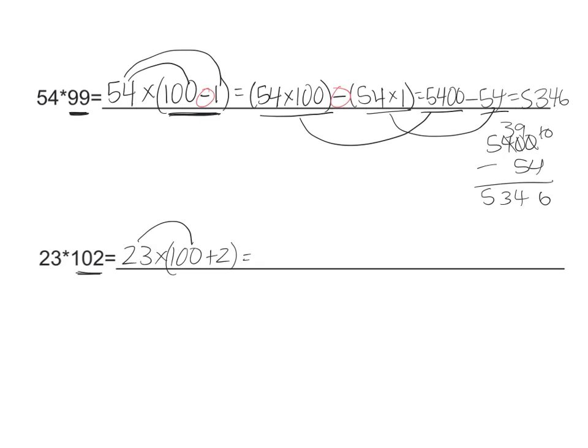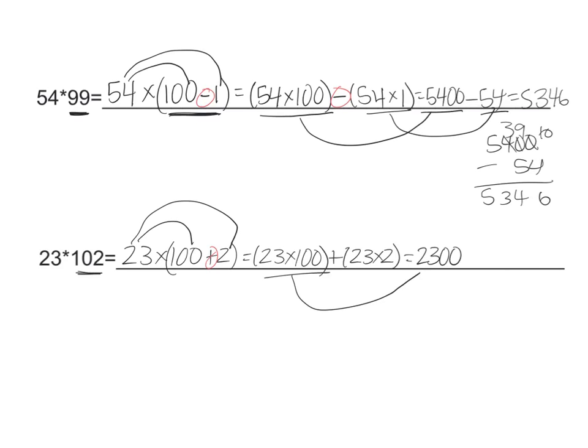Now outside times inside. 23 times 100. Here I have a plus, so I'm going to keep my plus. Outside times inside. 23 times 2. Now my multiplication. 23 times 100 equals 2,300.